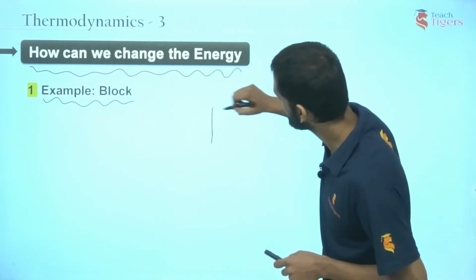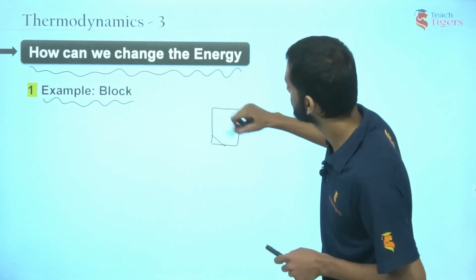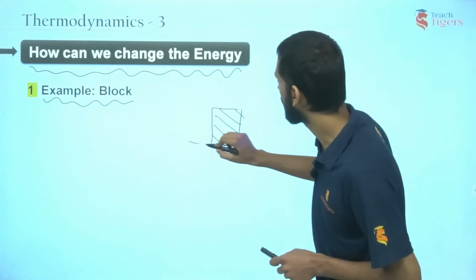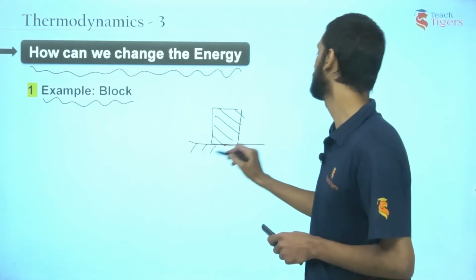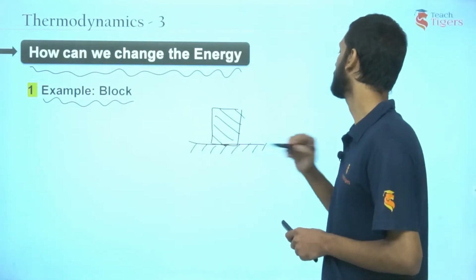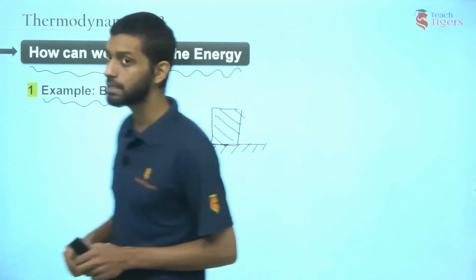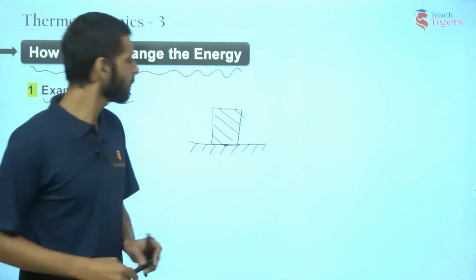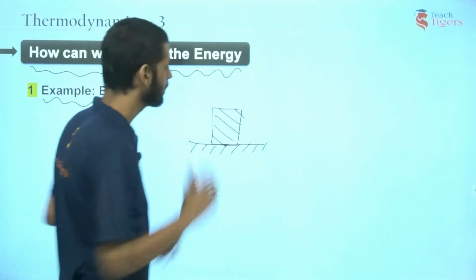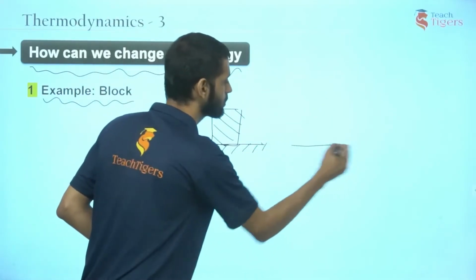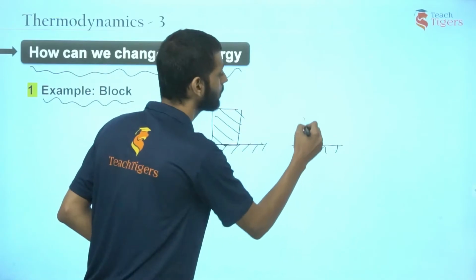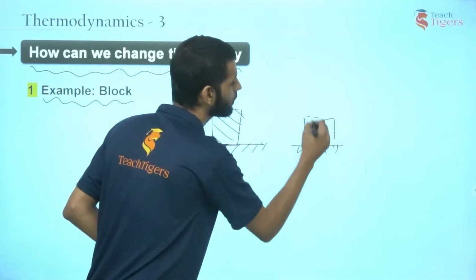I'll draw a block here. This is my block. Suppose it's kept on the ground. What can I do to change its energy? One guy will say, pick it up, leave it somewhere else. So there's another place and I pick it up and I leave it over here.